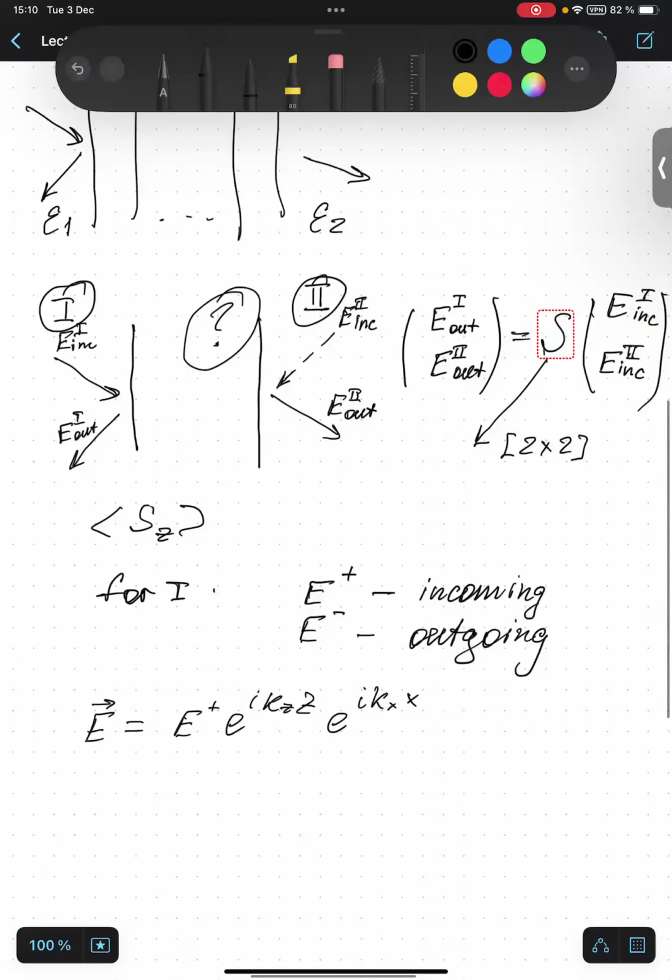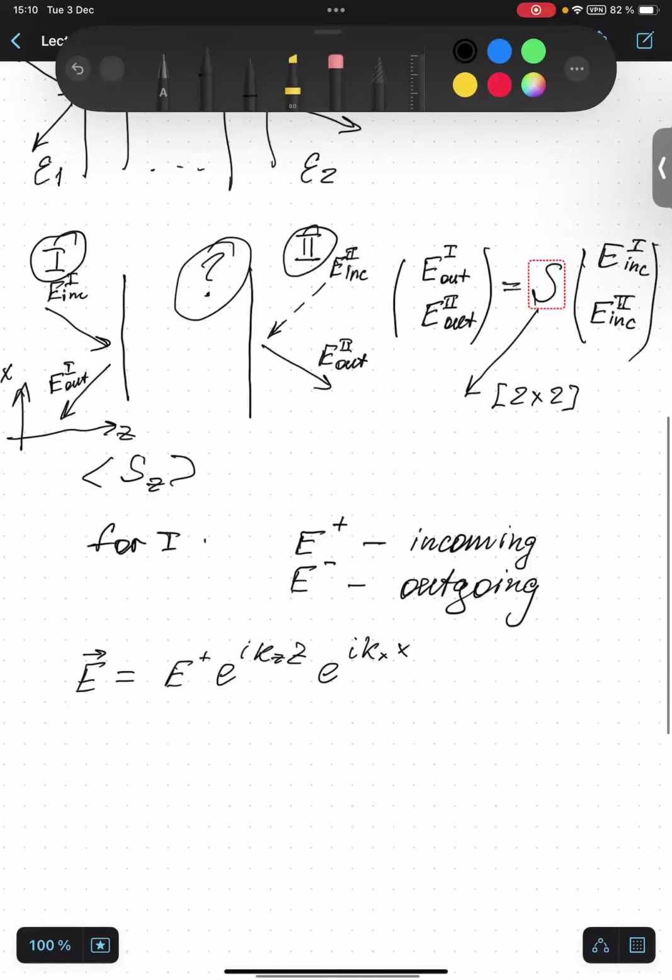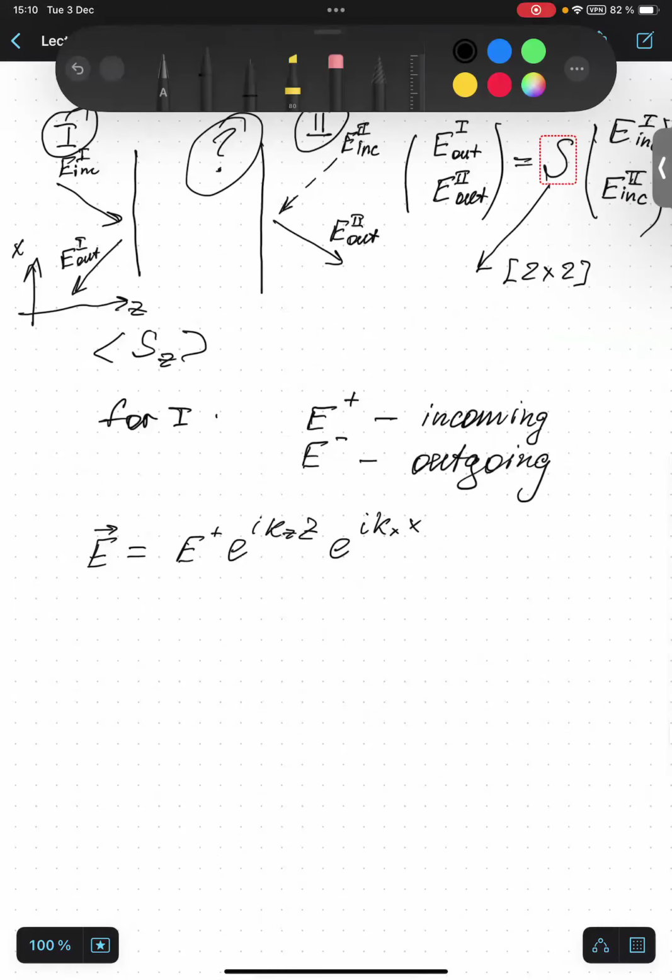Sorry, I didn't write it. And now we are not interested in the Y component. And also we have minus E minus, e^(-i kz z) e^(i kx x).